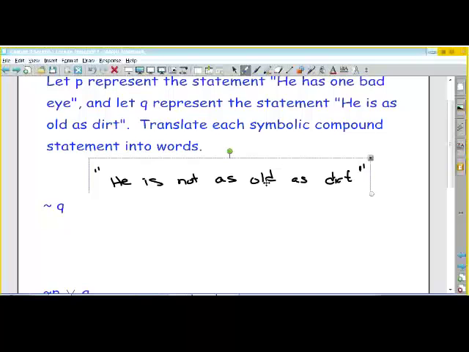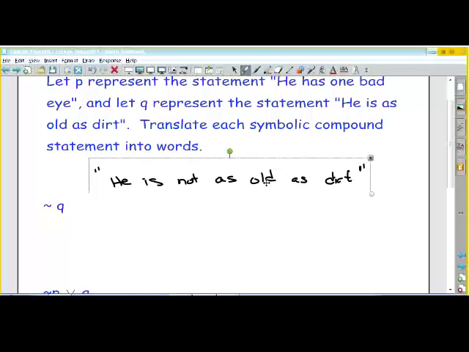So the case of negation here would be, you could say he has two good eyes, or it is not the case that he has one bad eye. Because if you said he does not have one bad eye, two bad eyes would not be it. He's either saying he has no bad eyes or he has two bad eyes.